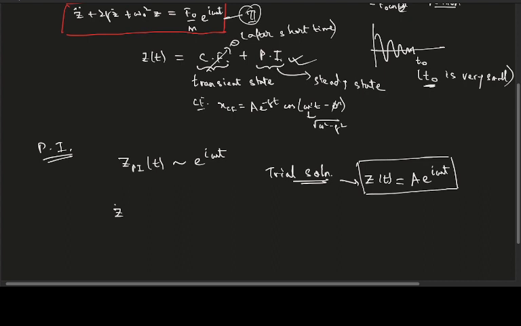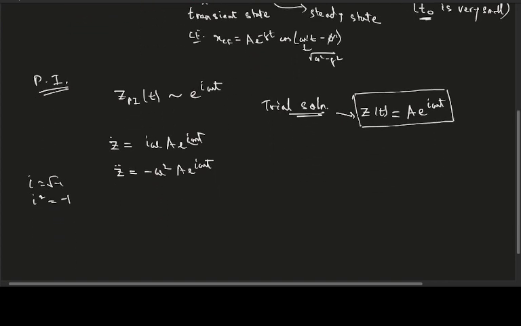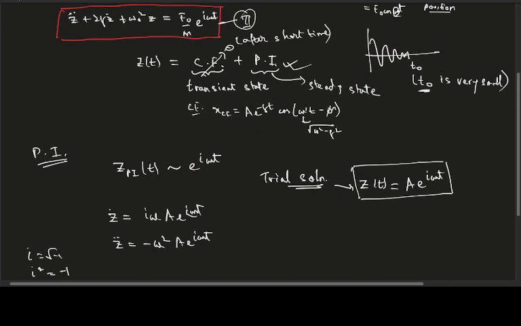Now while solving this equation, we just need z dot, which is pretty simple: i omega A e to the power i omega t. Our z double dot is, see the i omega again comes down over here, so you have i square omega square, and we know that i is equal to root under minus 1, so i square is equal to minus 1. So this becomes minus omega square A e to the power i omega t. Now things get very much simple. We put these in equation 2.